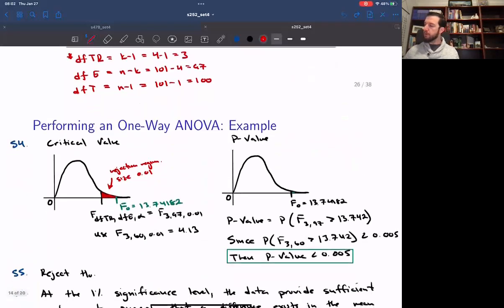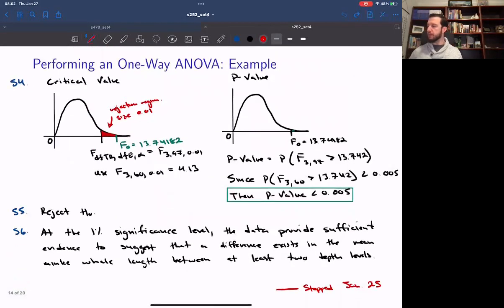On step 4, we can take either the critical value or the p-value approach. These are using the F tables now, but they are essentially run in the same way. The F table works very similarly to how a T table works, as we saw in that example. On step 5, we make a decision about the null. And on step 6, we give our conclusion.